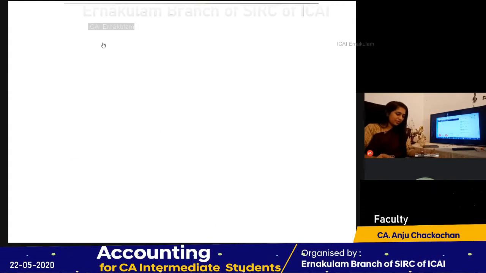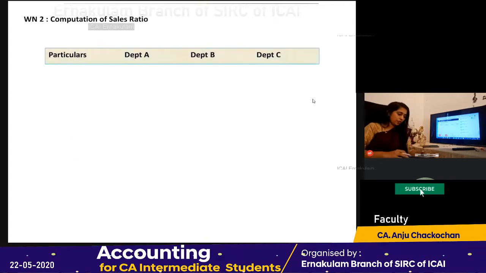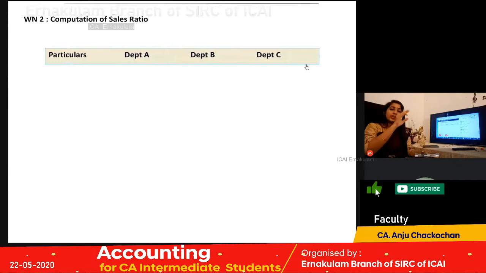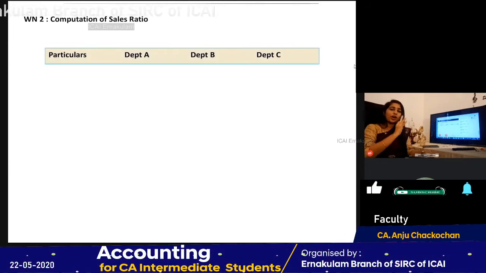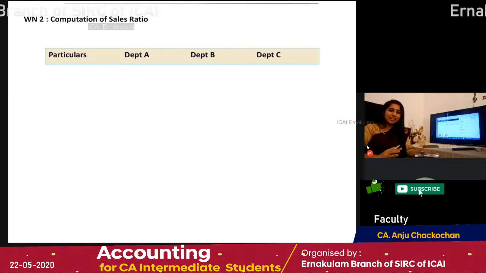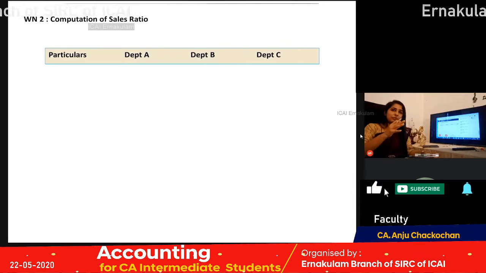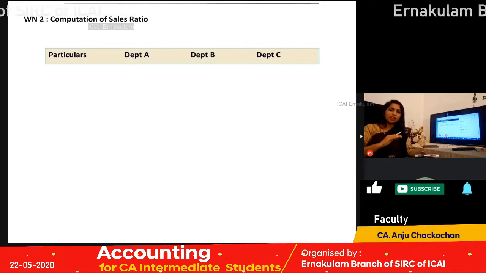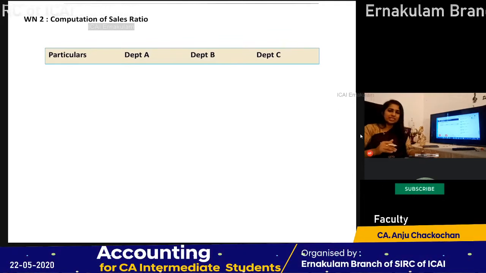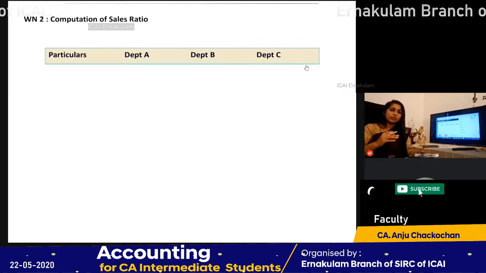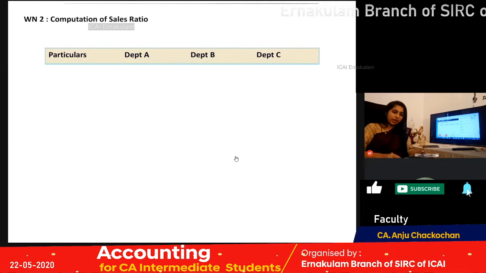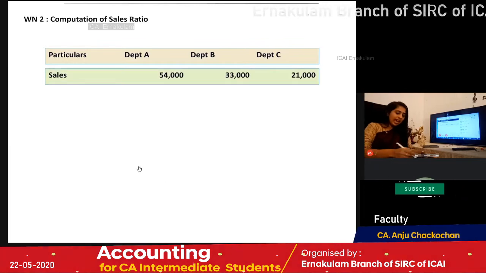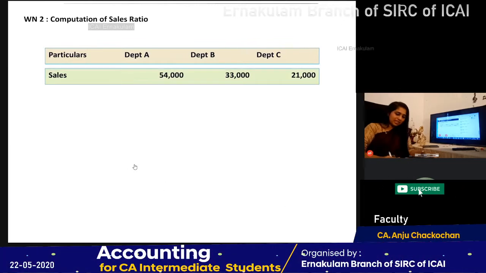All right, now the computation. It was said in the question that all the common expenses were allocated on the basis of sales ratio. So we'll have to compute the sales ratio. For particulars, A, B, and C are the different departments, and the sales for all 3 departments are given.